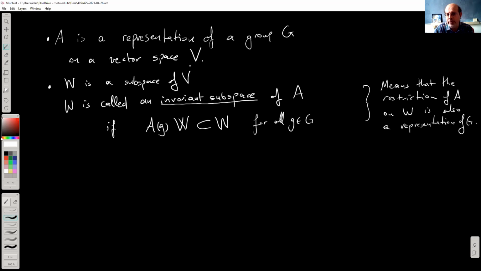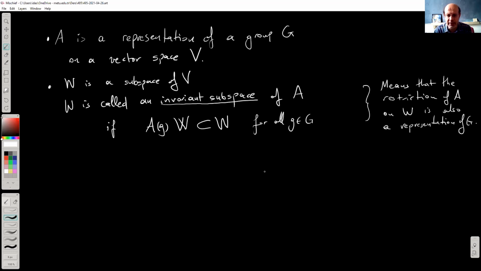Okay, so V is the full vector space. And then we talk about some subspaces of V. We say that W is invariant if the representation matrices applied on vectors in that subspace always give you vectors in the same subspace. Then we say that this is an invariant subspace.